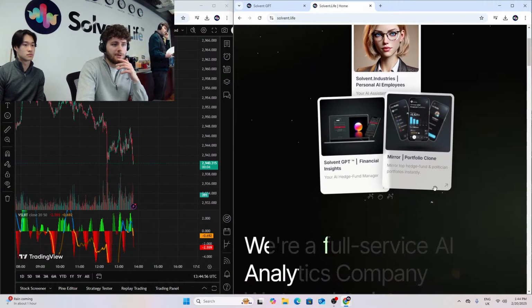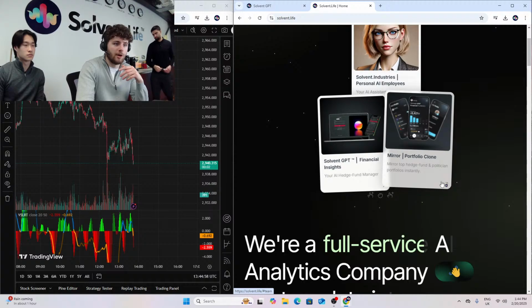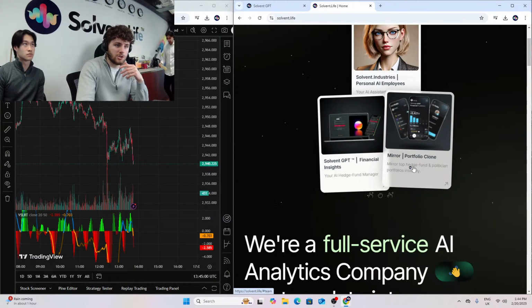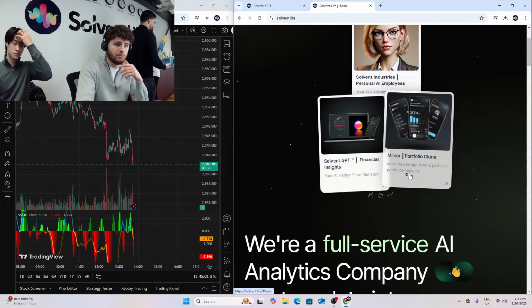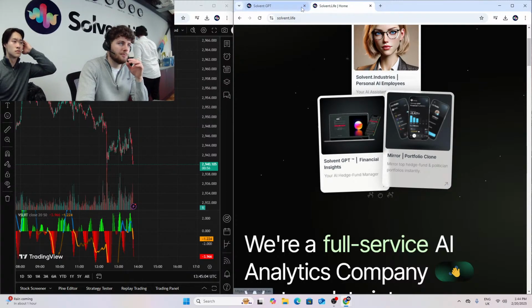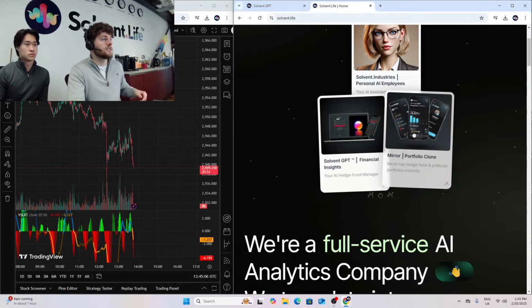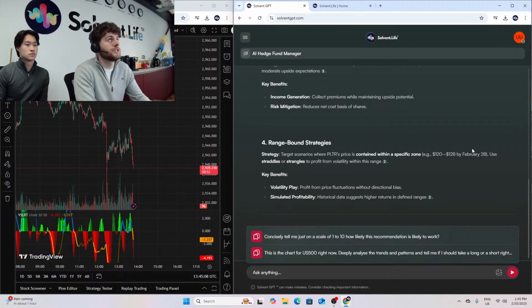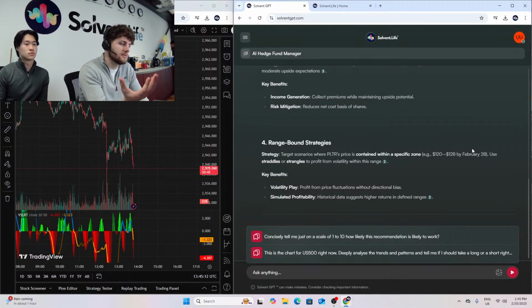We are developing something called Mirror. It's a portfolio clone. It will mirror top hedge fund and politician portfolios instantly. That's something we're working on, and it's looking to be released within Q2 of next year. However, the research software you see in front of you doesn't automate.